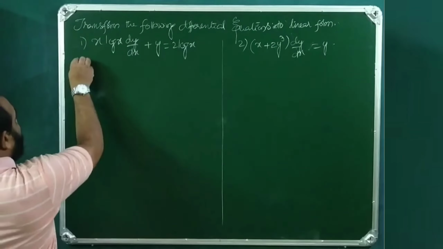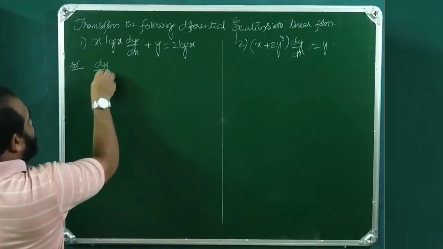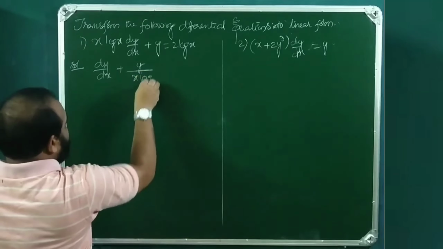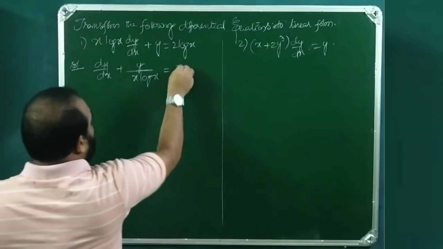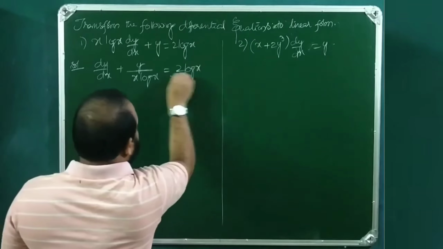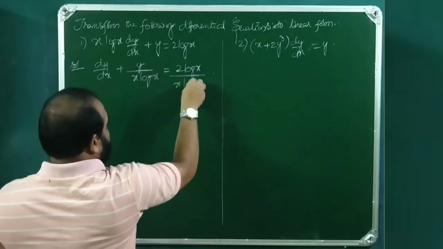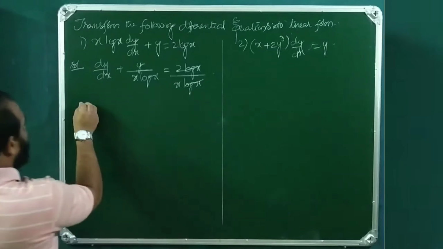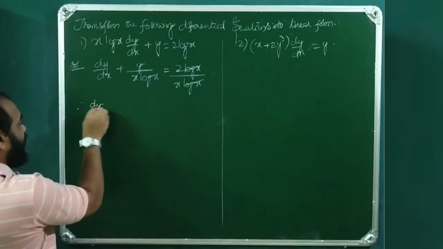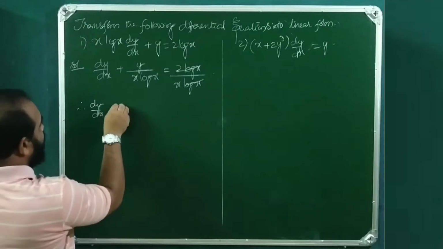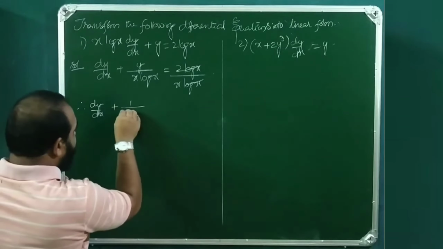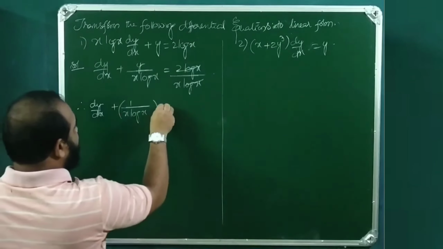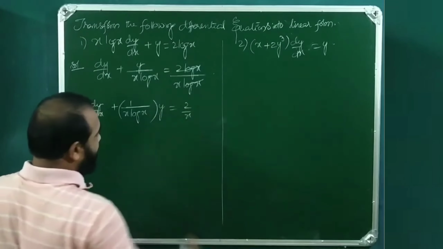Then we'll get dy by dx plus y by x log x equals 2 log x by x log x. So log x gets cancelled, and dy by dx plus 1 by x log x into y equals 2 by x.